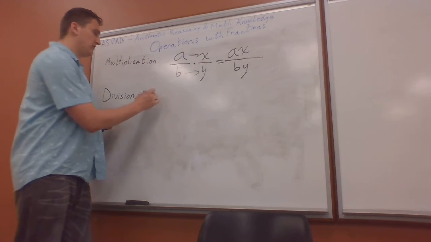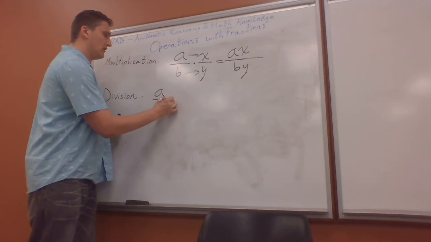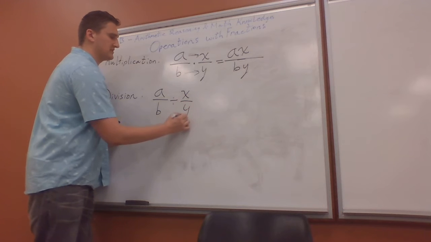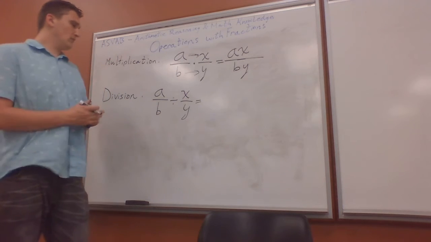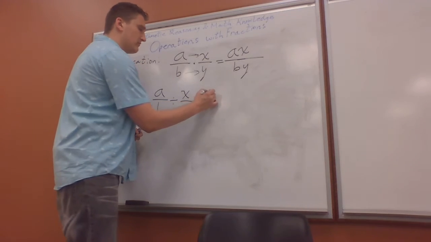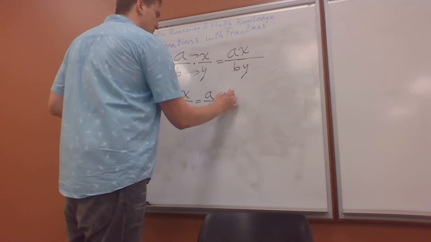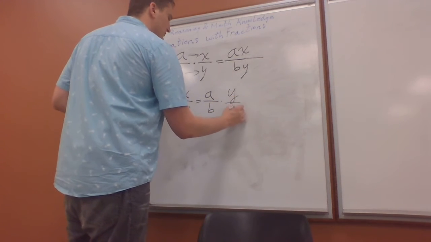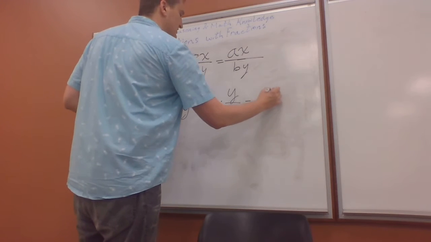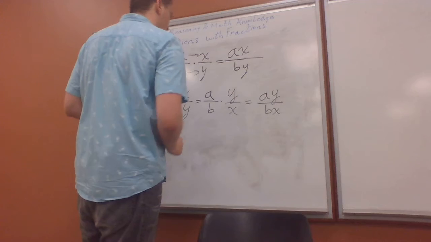For division, we have A over B divided by X over Y. I'll use the same conventions. This will be equal to A over B times Y over X, which is in turn just AY over BX.